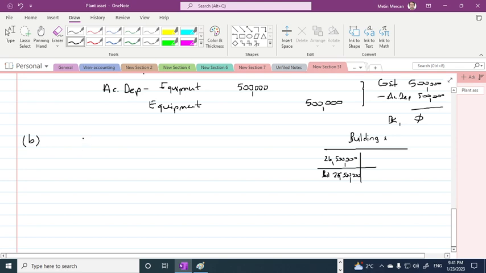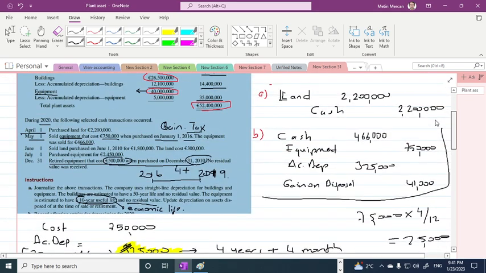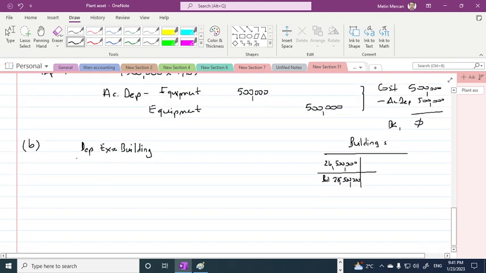So the depreciation expense for the building: what was the economic life or useful life of the building? It is 50 years, right? Simply, 26,500,000 over 50 years, each year, this amount.